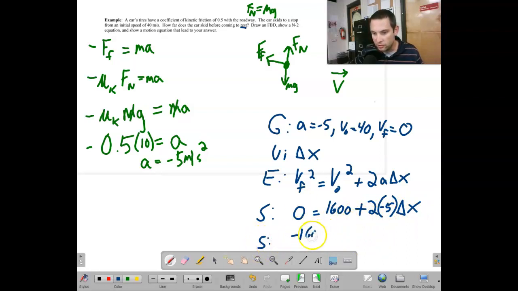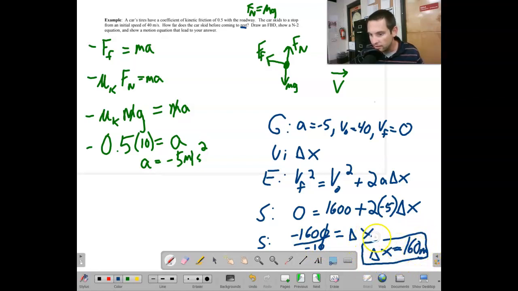We get -1600 divided by -10 equals delta x. The zeros go away. -160 divided by -1. Delta x equals 160 meters. Don't forget your units. Circle your answer. And that's it. Any questions? Then ask.